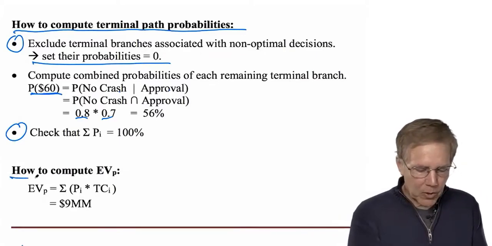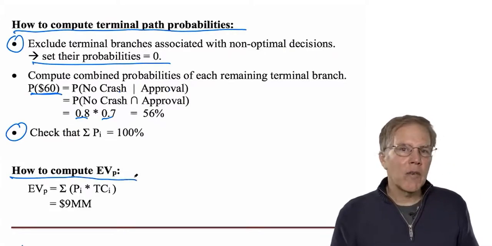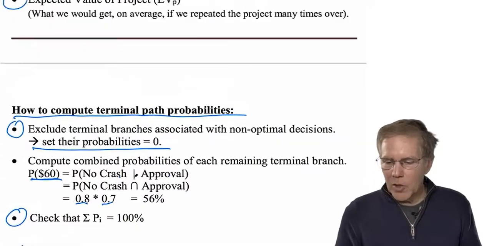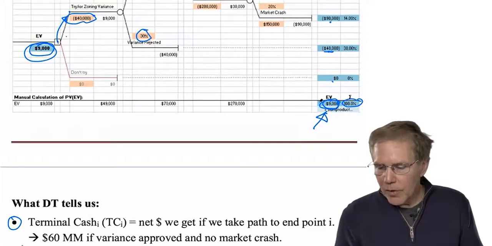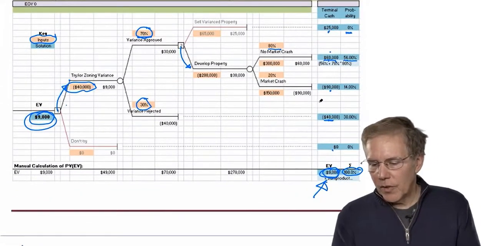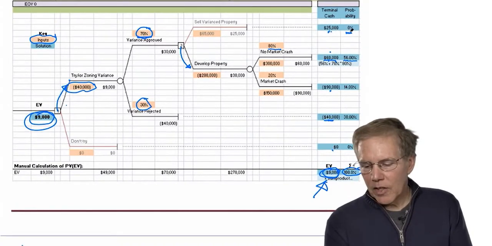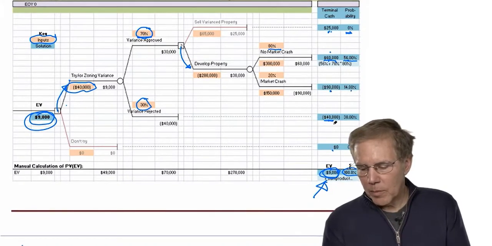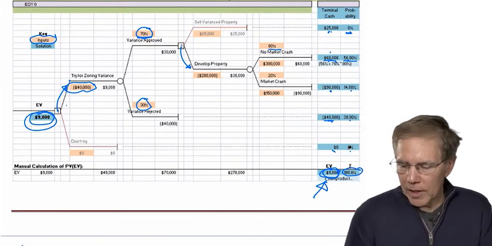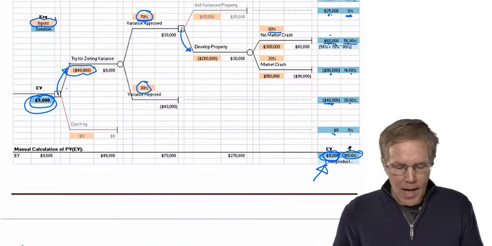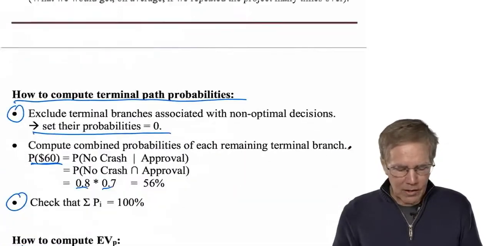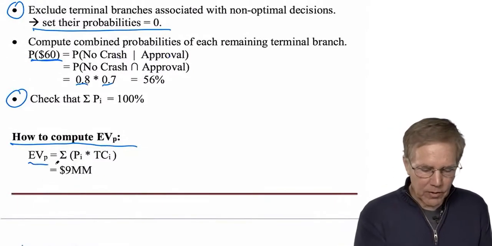Okay, and then to compute the expected value, you never want to just believe the software. We want to compute it ourselves over here, and the way to do that is to take this terminal cash times this probability plus this terminal cash times this probability plus this terminal cash times this probability plus this terminal cash times this probability plus this terminal cash times this probability, which in Excel is done with the sum product function that I've showed you, and which in algebraic terms just looks like this summation.